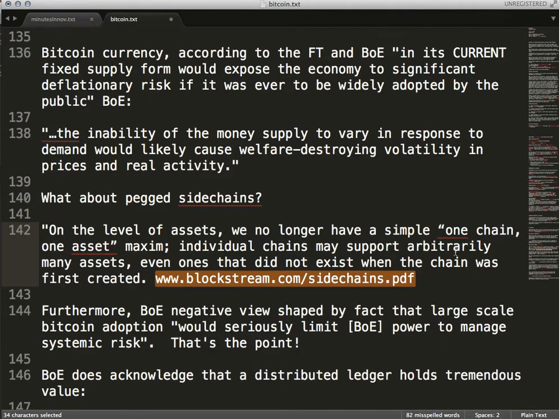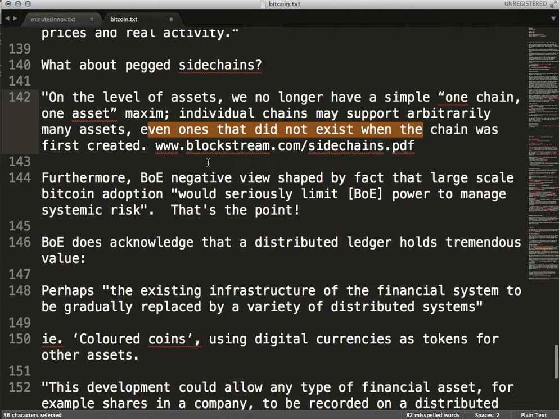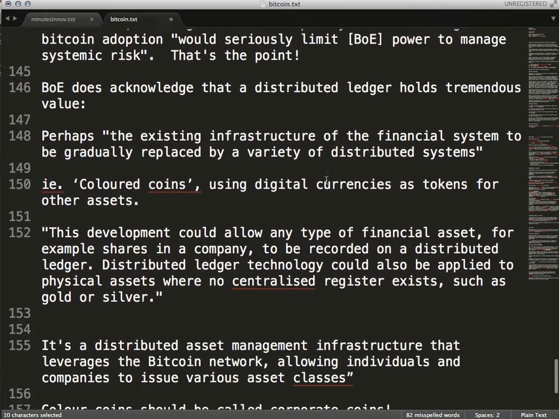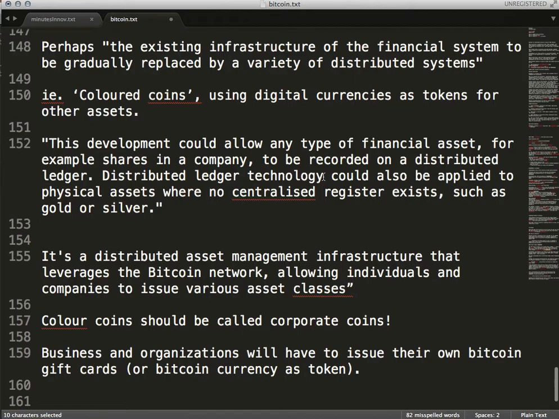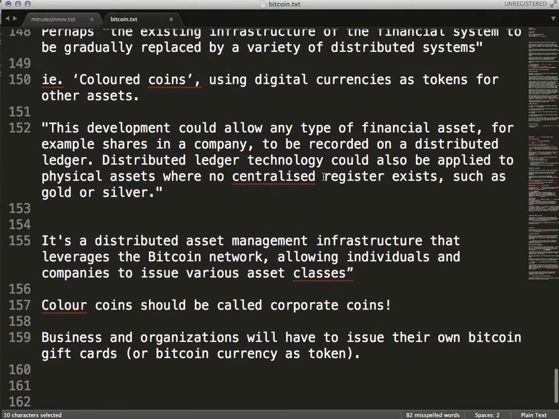Individual chains may support arbitrarily many assets, infinitely divisible, even ones that did not exist when the chain was first created. So that is a huge problem that has been solved with innovation on sidechains. And that's just one way that you can take confidence out of the Bitcoin ecosystem. They've had 5 years, 6 years now almost, to work, to hack, and to improve, and here we are.